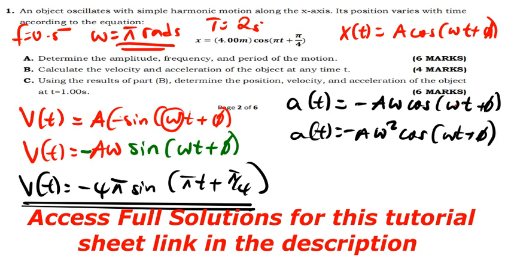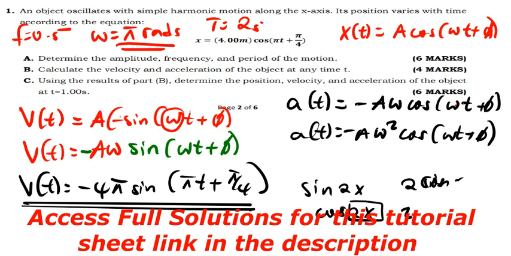In case you're having some challenges with how we differentiate, let me give an example: how do we differentiate sine 2x? Sine 2x gives cos 2x, then we multiply by the derivative of the angle. The derivative of the angle is 2, so you multiply by 2, giving 2 cos 2x. So that's what I've done here.